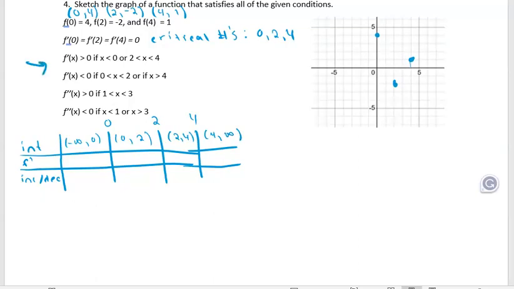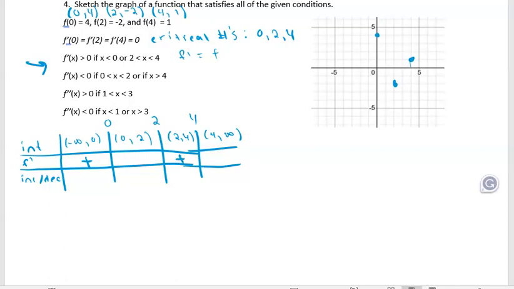Next line, it says f prime of x is greater than 0 if x is less than 0 or 2 is less than x is less than 4. Well, what does that mean? The first derivative is greater than 0, that means it's positive. So the first derivative is positive when x is less than 0 and when x is between 2 and 4.